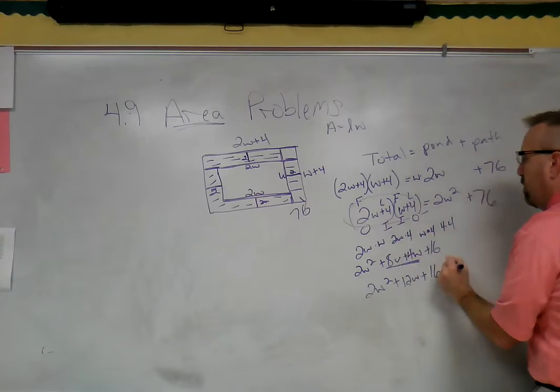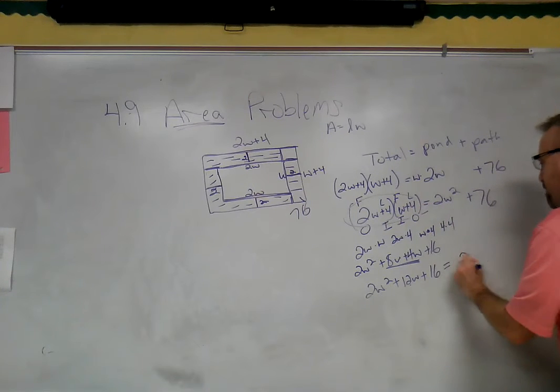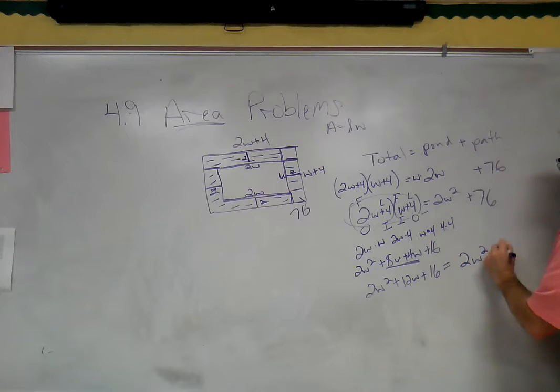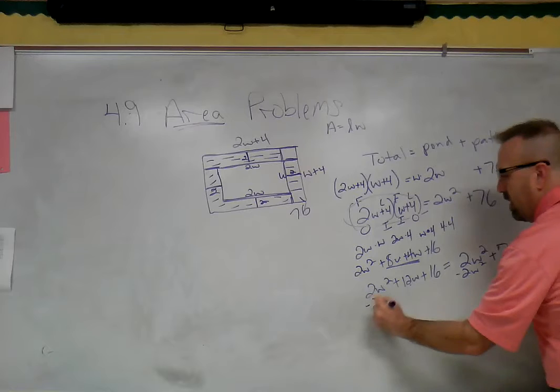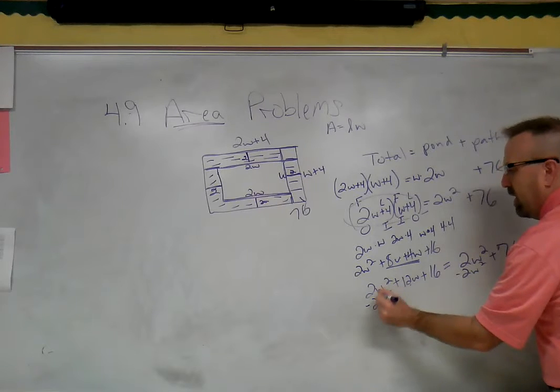So now we can put our equals. Now we've got it simplified-ish. So now we want to combine like terms or move things. Let's start here. Negative 2W squared to the opposite. Like we said on one of the problems yesterday, nice thing is that cancels.